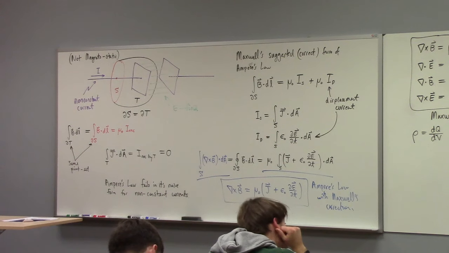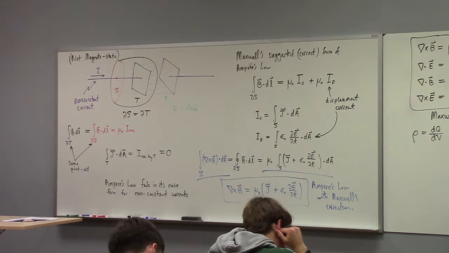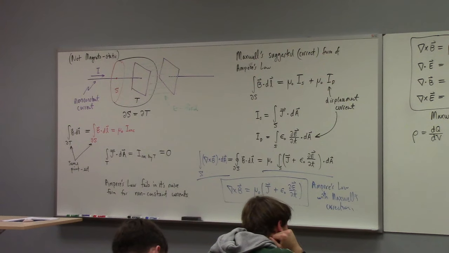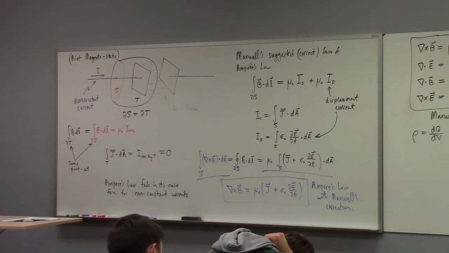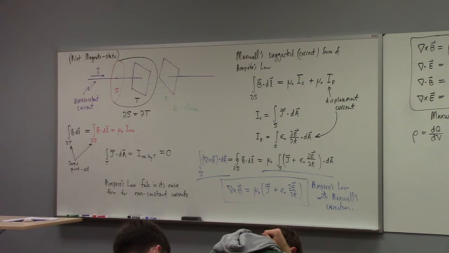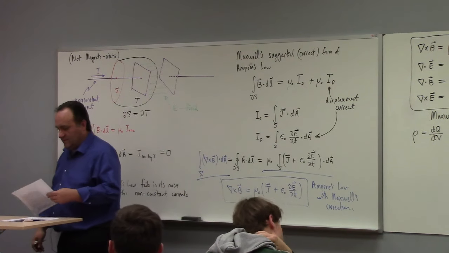You use H. So basically E gets replaced with something called D, and B gets replaced with something called H. The D and the H fields reflect the study of electromagnetism and matter. That's beyond this course. I don't talk about it except to mention that at the basic level, we think about electric and magnetic fields. These are the so-called microscopic equations. At least that's what Wikipedia says. And it seems to have been written by an engineer, so I'll trust it.